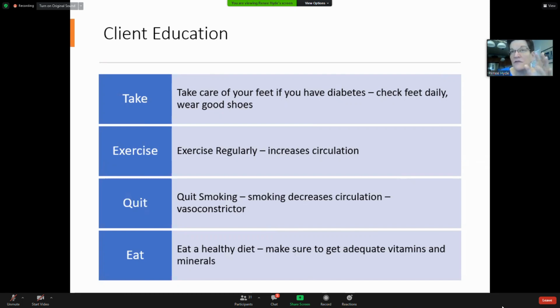Even though with arterial disease it hurts to walk, that's the treatment of choice because it increases that circulation. We have them stop smoking because it is a vasoconstrictor and will further lessen the blood flow to those peripheral nerves. And then definitely eat a healthy diet, adequate vitamins, adequate minerals, and perhaps supplements based on whatever your doctor's philosophy might be. Okay?